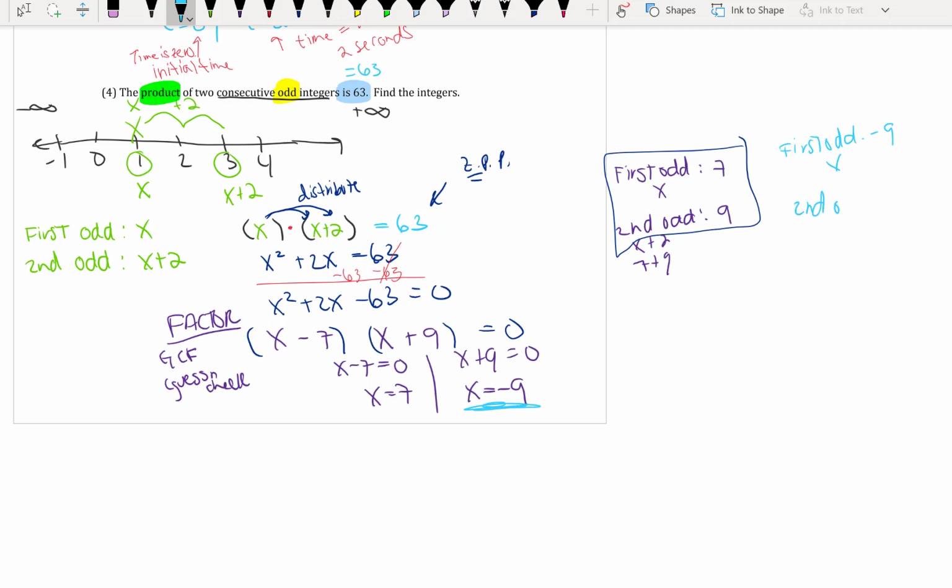So then my second odd would be x plus 2, so -9 plus 2 would give you a -7. So it could be +7 and +9, or it could be -9 and -7.